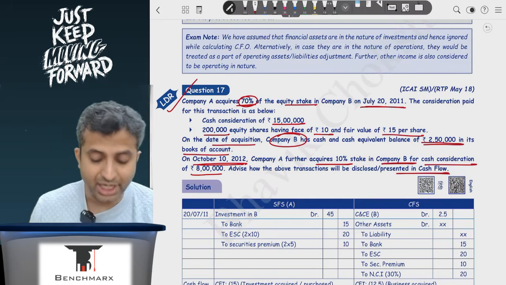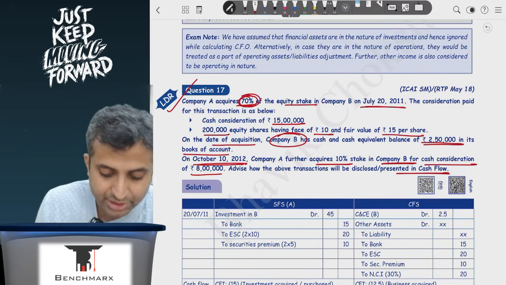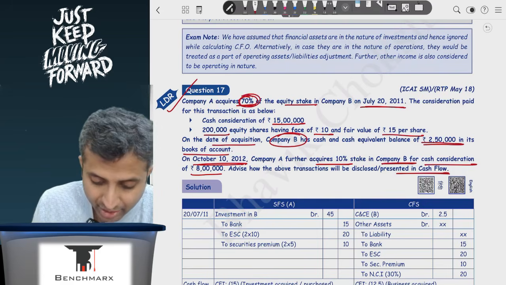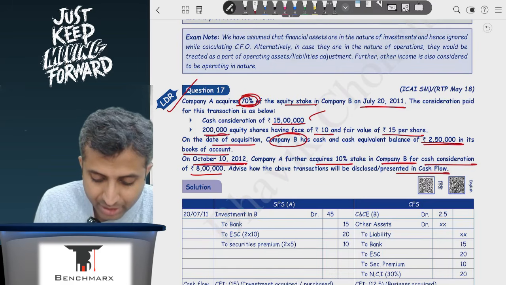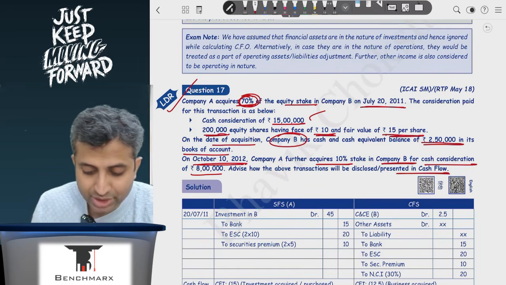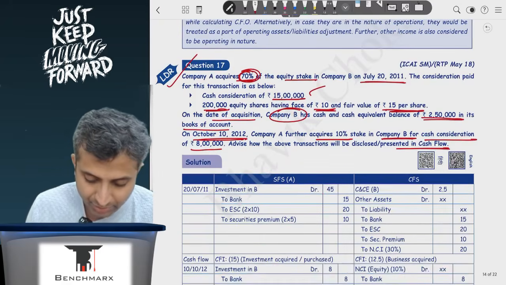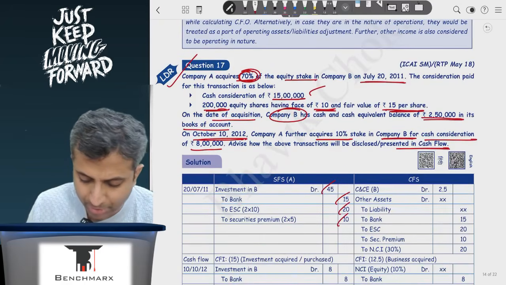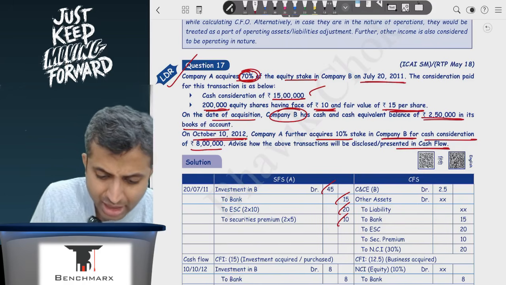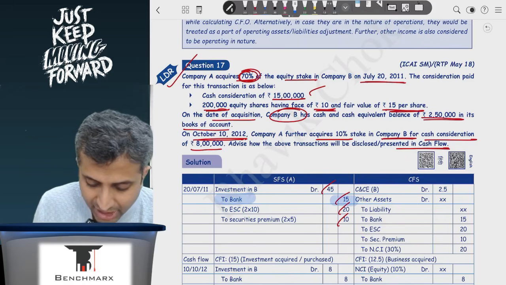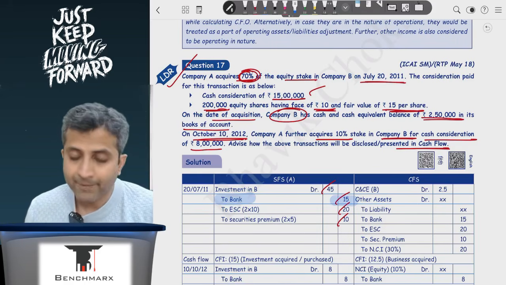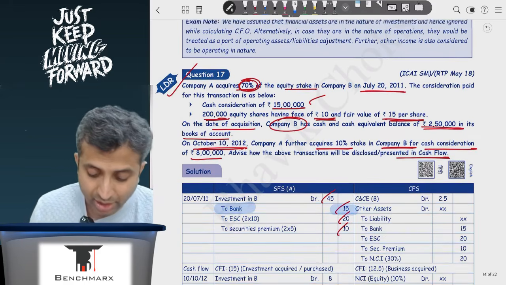For standalone cash flow, my entry at 70% stake will be investment account debit to bank, let's say 15 lakhs, to share capital, let us say 20 lakhs, to securities premium, let us say 10 lakhs. So if I credit 45 to bank, equity share capital and securities premium, as the case may be, I will just show investing activity at 15 lakhs. That's about it. Further, if I look at consolidated, I will take over the net assets.